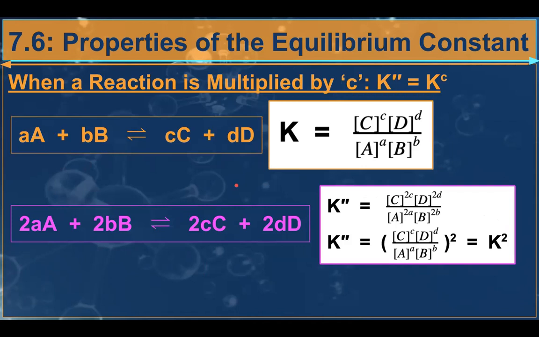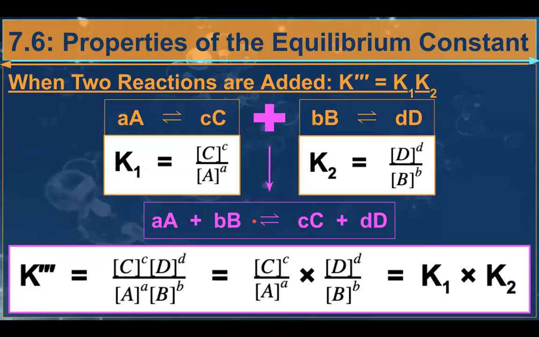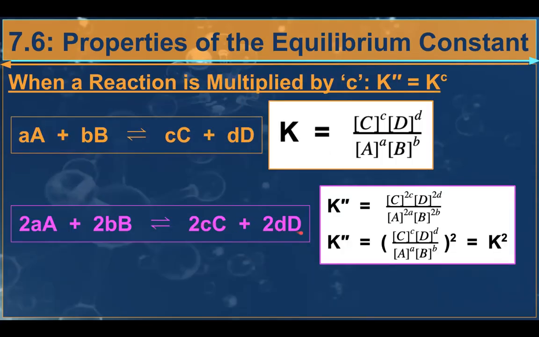Next, let's say that we take our original reaction, A plus B yields C and D. And now we multiply this whole reaction by 2. So 2aA plus 2bB yields 2cC plus 2dD. It's going to look like this when we put it into the equilibrium expression.